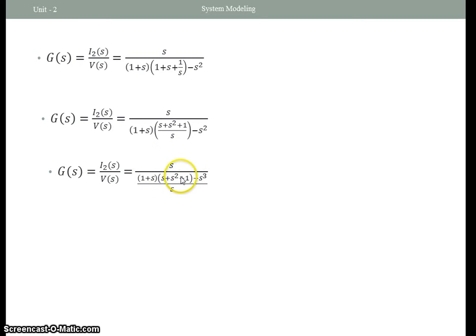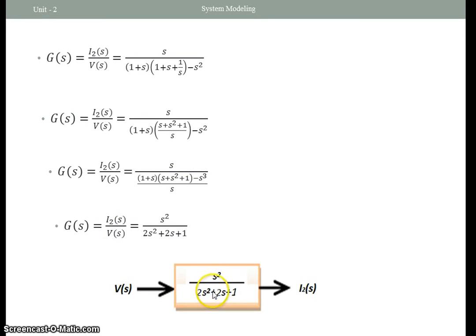We can expand this, then subtract S cubed, and we will get this as the simplified transfer function of the given circuit in terms of I2 of S and V of S. And we can represent this in a block diagram showing the output I2 of S and the input V of S, and here is the equivalent transfer function.